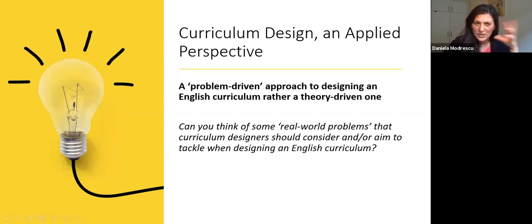But even if you don't, just think about what it may involve designing a language course. Can you think of some real world problems that curriculum designers should consider or aim to tackle when designing an English language curriculum? What do you think, guys?